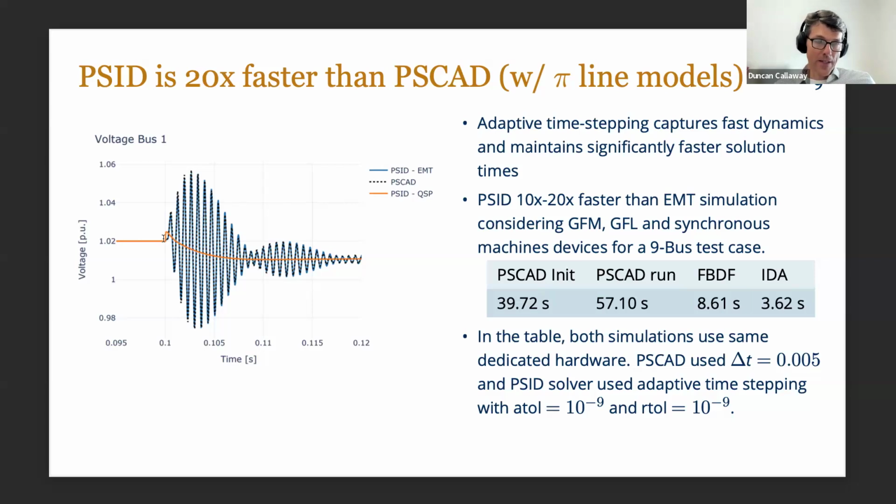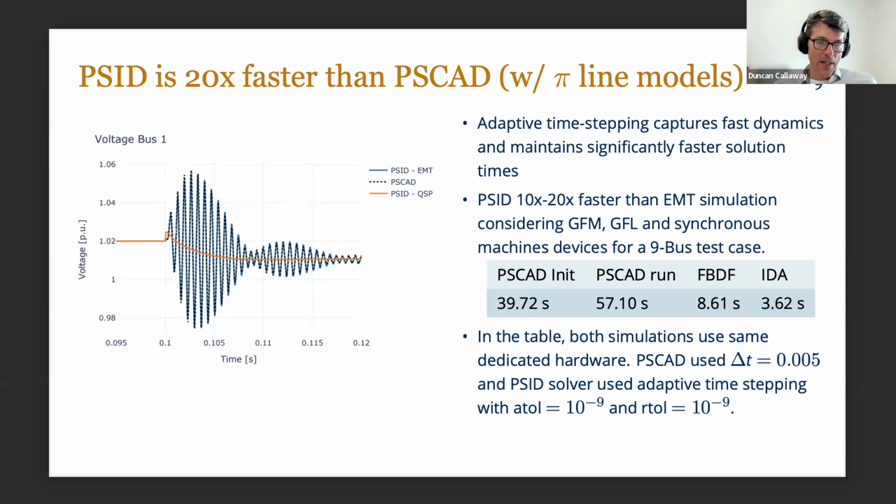I think we're looking at a simple 3-bus network, and we're looking at the voltage of one of those buses, and there's a generator trip that we simulate. And what you can see is that the dynamics from PSID and the EMT PSCAD simulator lay directly on top of each other.